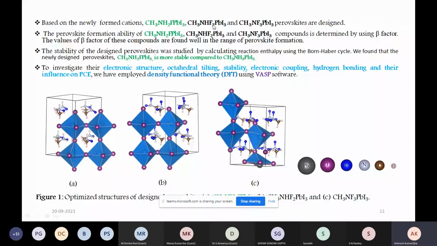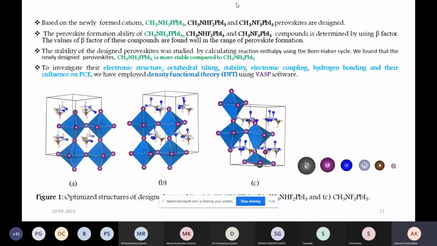Now all the 3H are removed, so here the H are replaced by fluorine. Okay, and then we calculated the band gap. In order to check whether these compounds form the perovskite structure or not, we checked it by the newly designed factor, and we found that the value of the beta factor is lying between 0.5 to 1. Okay, and therefore we can say that these compounds form the perovskite structure.